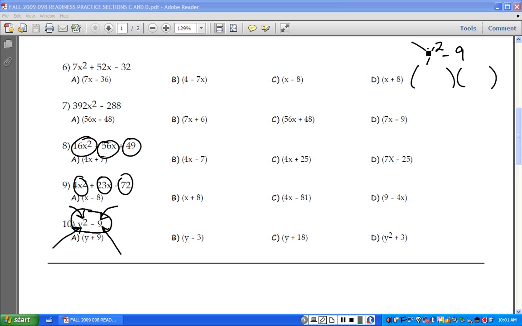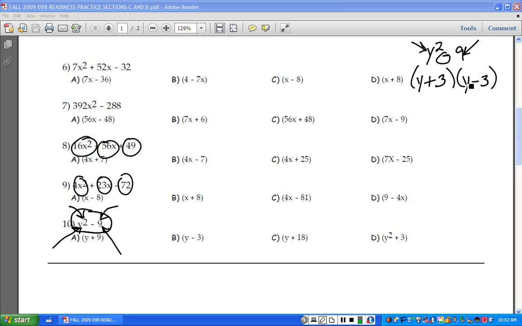We know our first is a perfect square, so we use the square root to get it. y squared is simply y times y. We see our last is a perfect square, so we use the square root to get it. 3 times 3. Seeing that we have a negative for that 9, we know that signs have to be opposite, so we use a plus 3 and a minus 3.